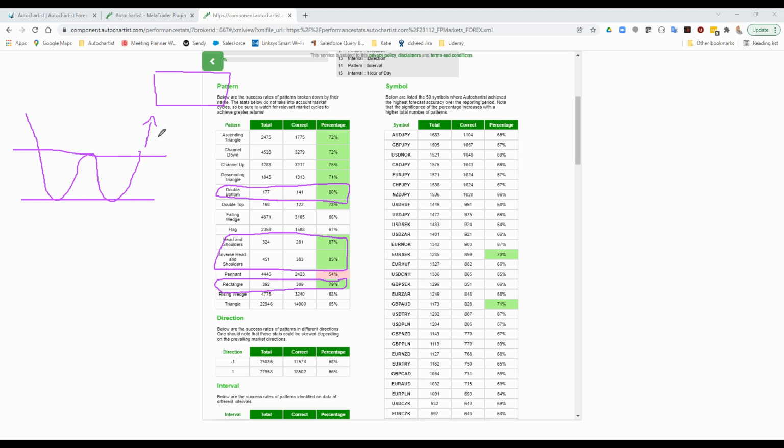This means that we made this forecast 141 times out of the last 177, when we identified this type of breakout, within one pattern length. So this is a pattern length. Within one pattern length in the future, the price went above this line.